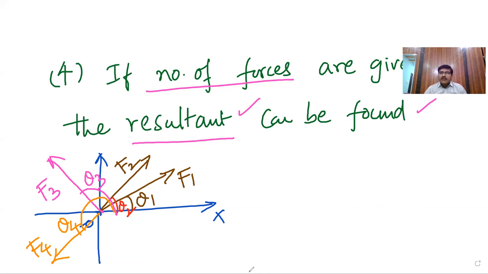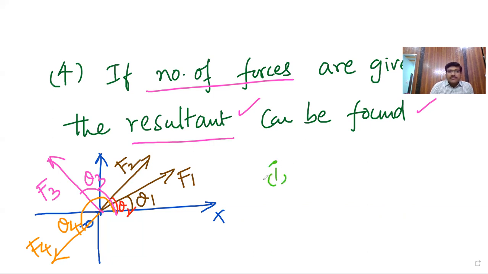If angles with respect to x or y are given, in such a case there are 3 steps to find the resultant. What is the first step?